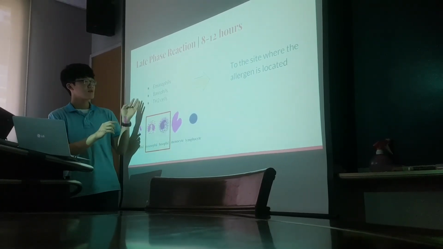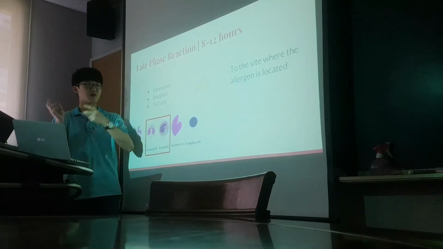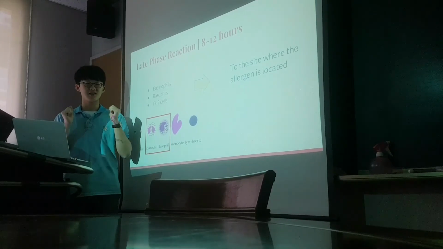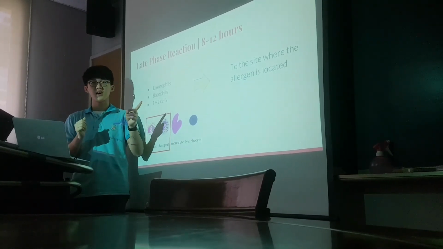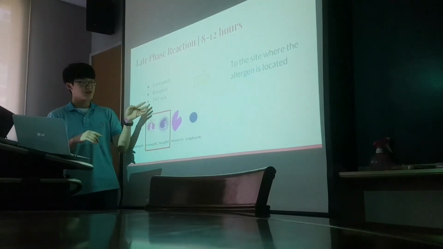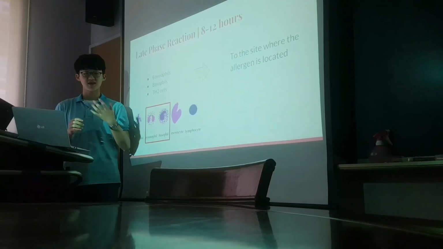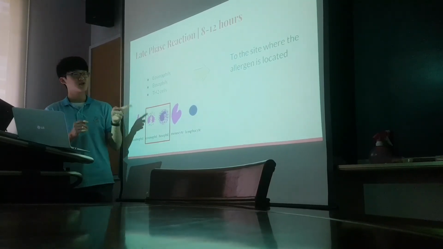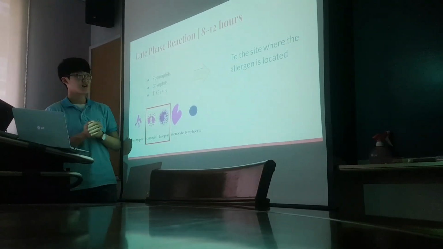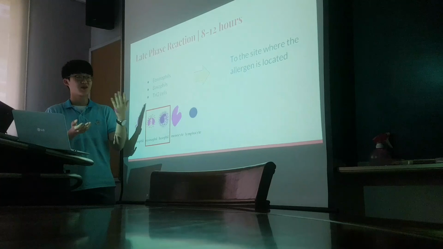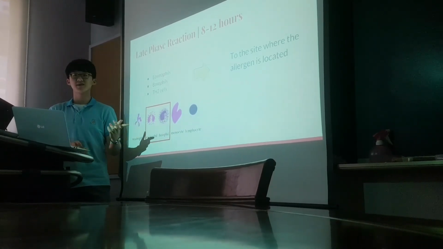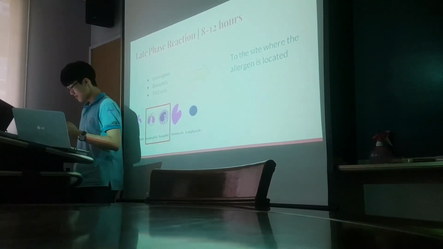Eosinophils, basophils, and Th2 cells move to the site where the allergen is located to attack the allergen and our host cells. They activate each other, and this facilitates the chain reaction so that we can actually attack the allergen. Eosinophils and basophils are types of white blood cells that help our immune system.